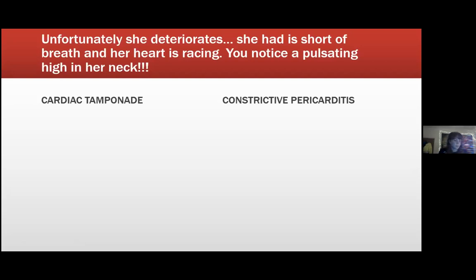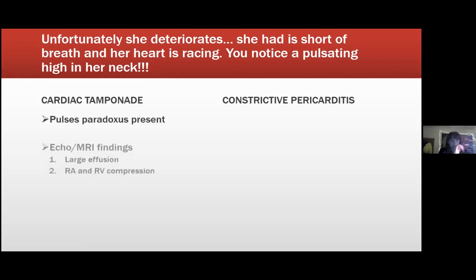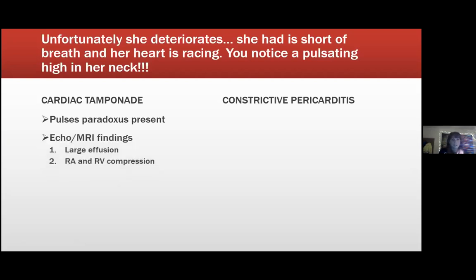So one of the differences is pulsus paradoxus, which is basically a fall of blood pressure of more than 10 on inspiration. So that's present in cardiac tamponade. Looking at the echo for cardiac tamponade, there'd be an effusion, so you'd see the fluid around the heart, and because of the fluid, you'd get compression of the right atrium and right ventricle.